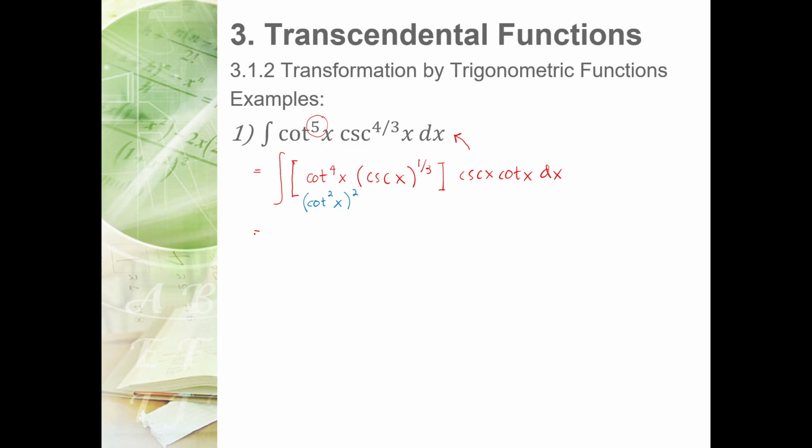So by replacing it with its corresponding identity, we now have cosecant squared x minus 1 and then squared. So again, this is what happened. And then multiplied by cosecant x to the power of 1/3, and then cosecant x cotangent x dx.